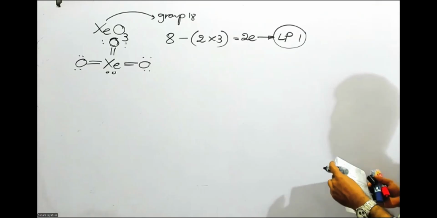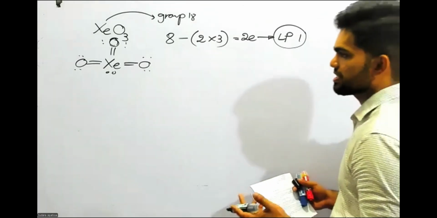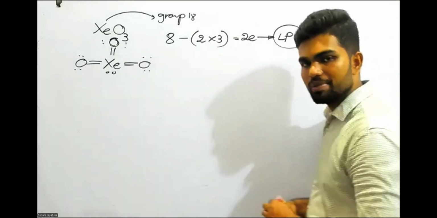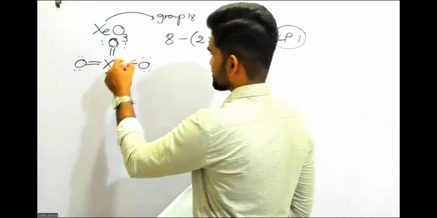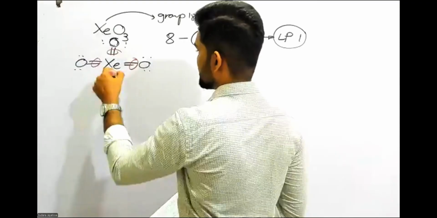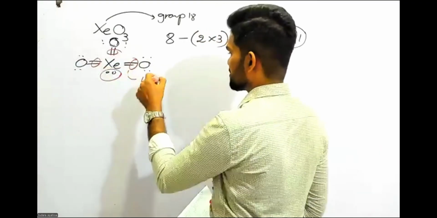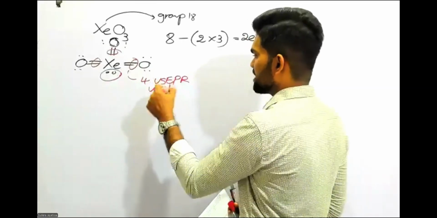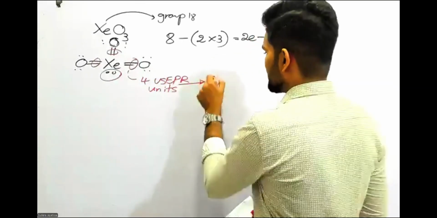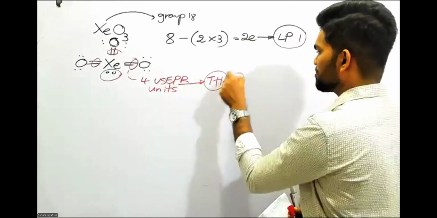So around xenon you can see 4 repulsion units, because remember, we count a multiple bond as one repulsion unit. Here you have 4 VSEPR units. That's why it has tetrahedral electron pair geometry.